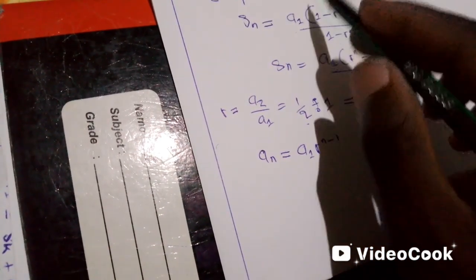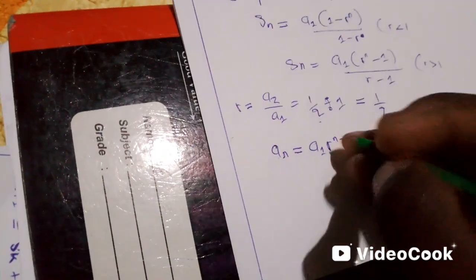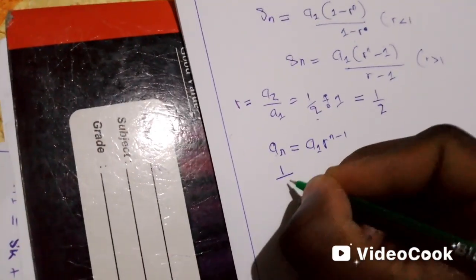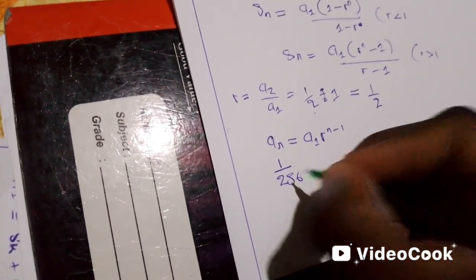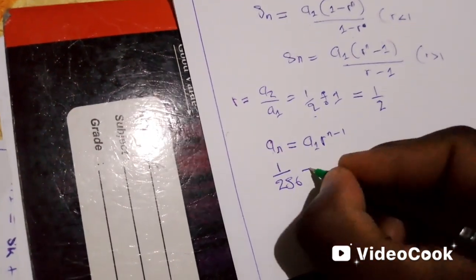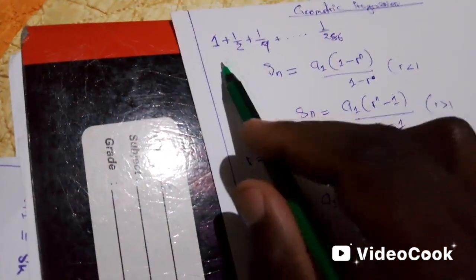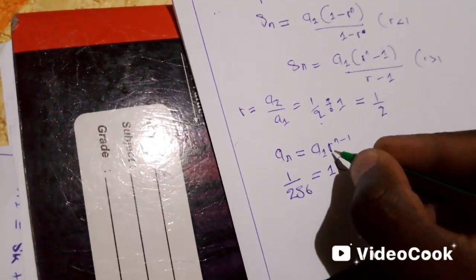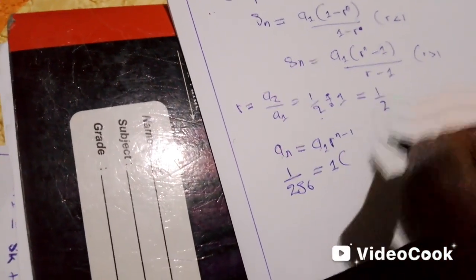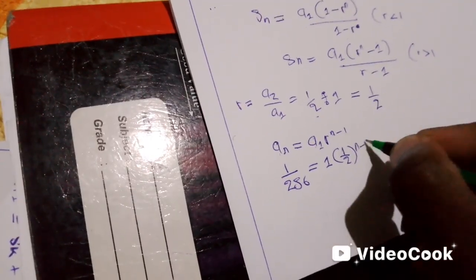In this case we don't know the n, so we say the term we're looking for, the term which represents this number, 1 over 256, is equal to our first term, which is 1, times the common ratio, half, to the power n minus 1.